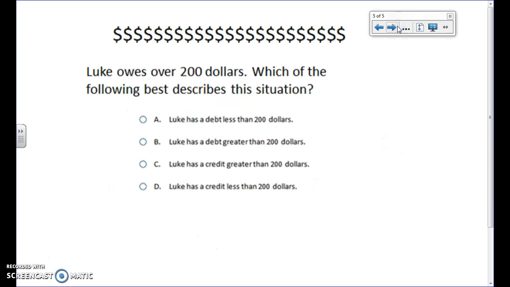Okay, and finally, we have a little question about money. And most of you probably don't have bank accounts that use a debit card or a checkbook yet. But it says that Luke owes over $200. Which of the following best describes the situation? Now, there's two words here that you might not be familiar with. Debt is money owed.